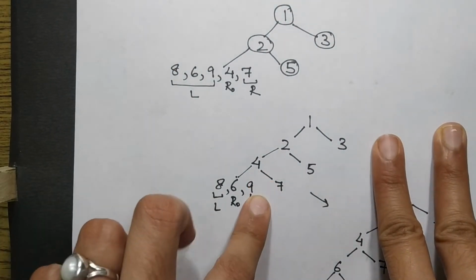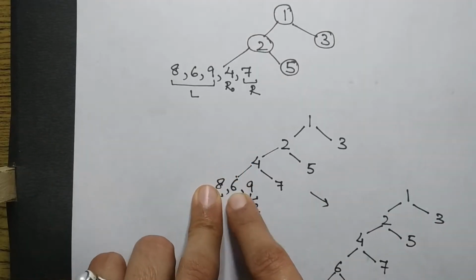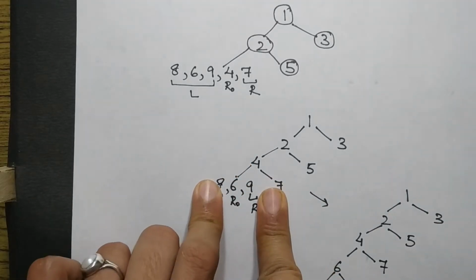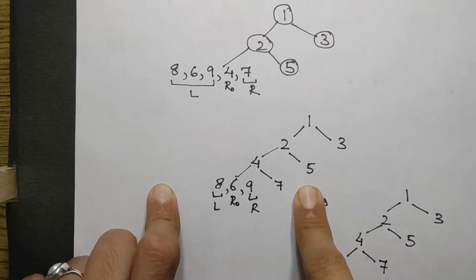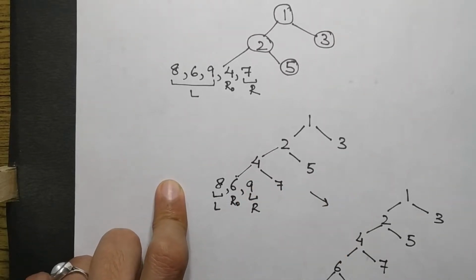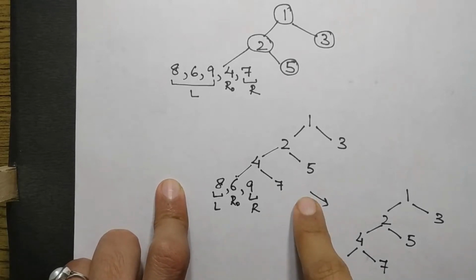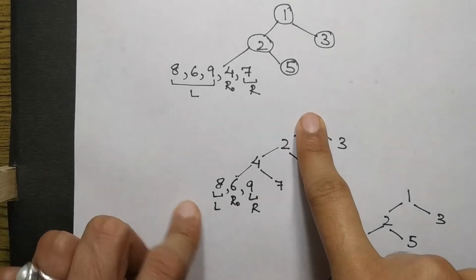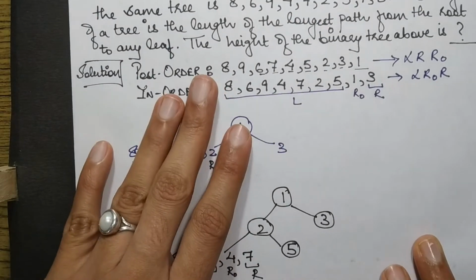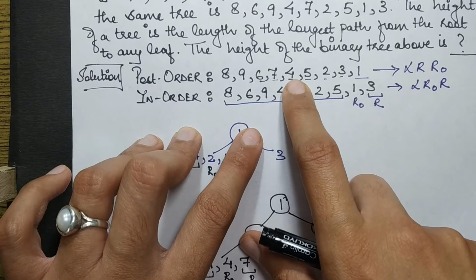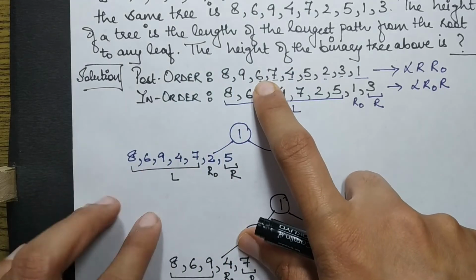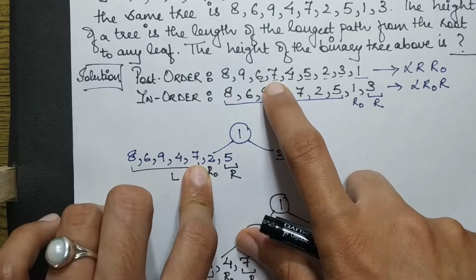In this manner, these all become the left branch children, and this becomes the right hand side child, right? So again we check the post order traversal for the next root. After 4 we have been given 7. Now 7 was the right hand side child, so we are done with this.